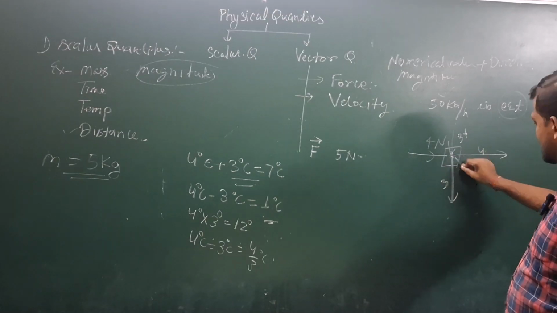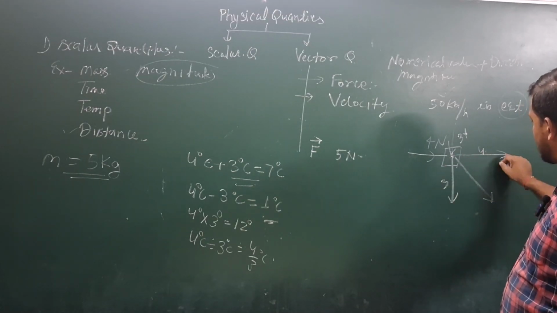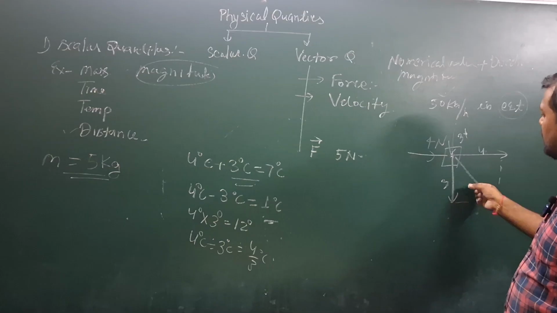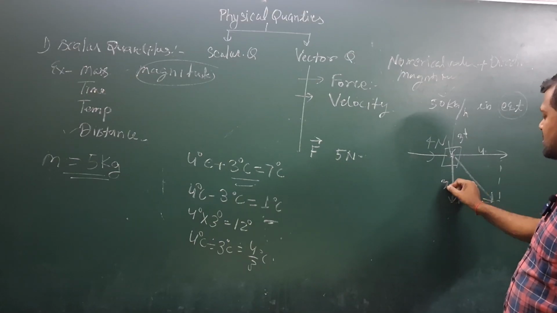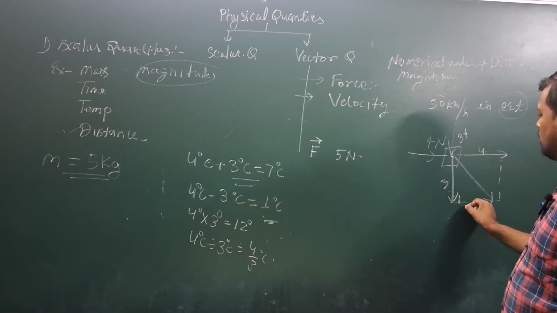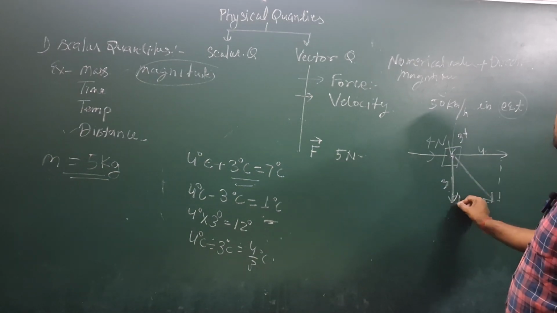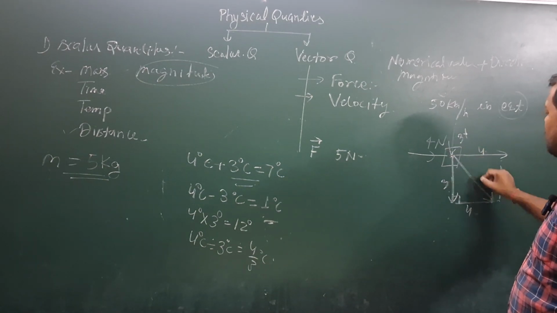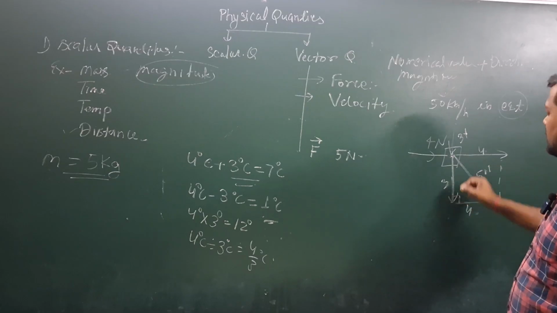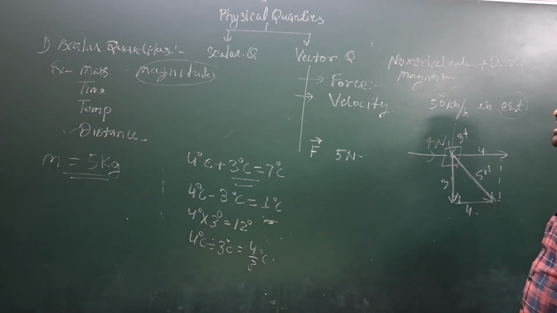The resultant is 5 Newton in this direction. Why 5 Newton? Here is a right angle triangle: perpendicular is 3, base is 4, then the hypotenuse will be 5 Newton. This is the basic difference.